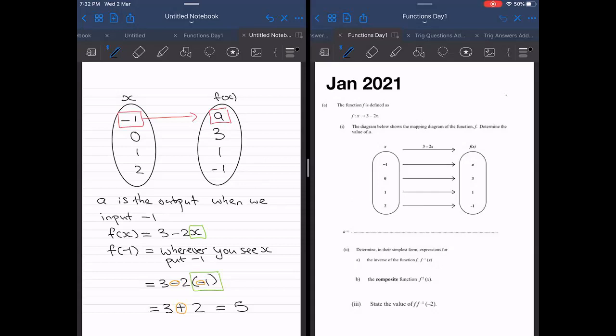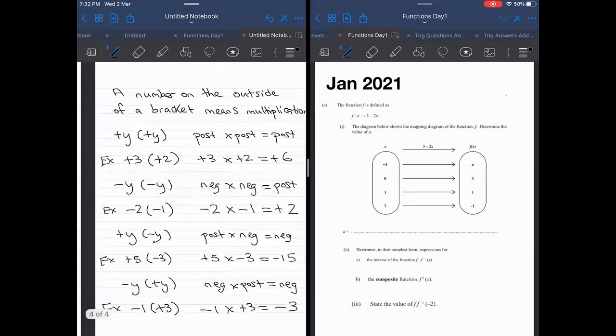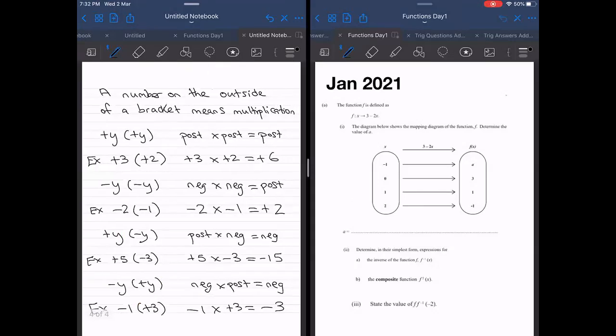For the person who just came, don't worry, there are other questions similar to this, so you'll catch on for that part. But for those who were here, anybody not seeing that it is 5, remember that if you have a number on the outside of a bracket, it means multiplication. So you need your multiplication rules.